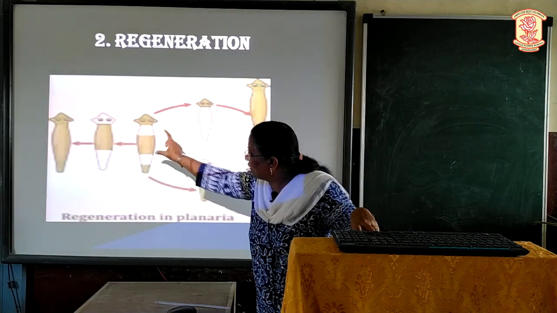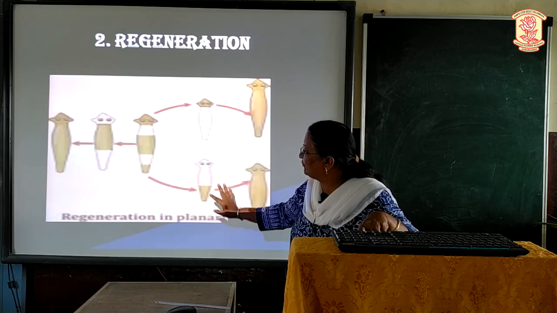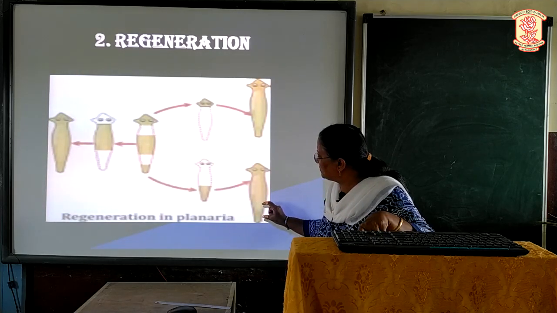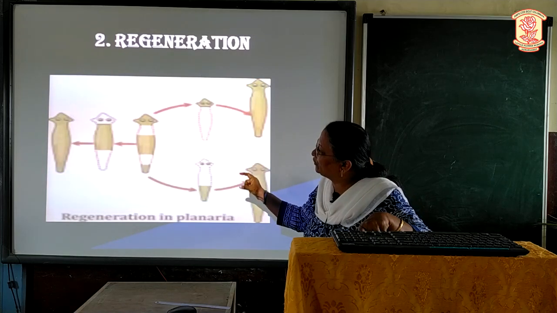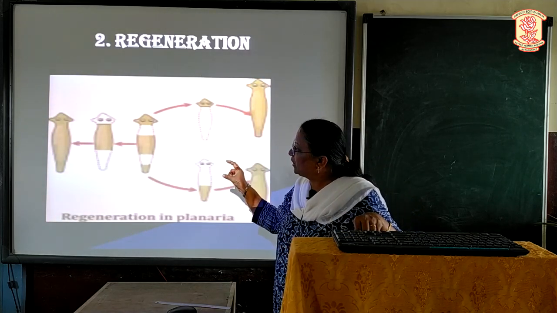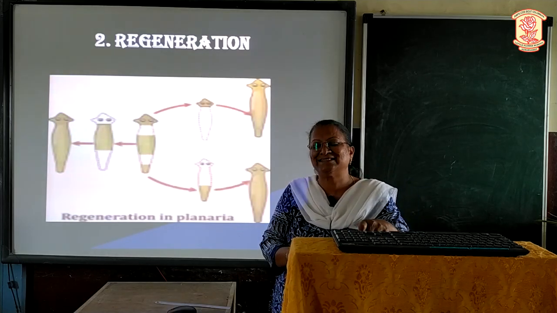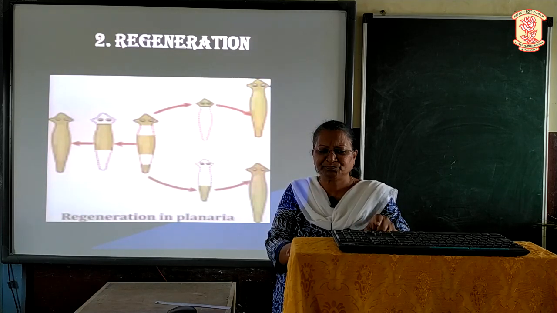The middle thorax portion also redevelops the head portion and the tail portion, and if the tail part is there, that develops the head portion and the thorax portion. So the lost parts of the original parent body are reproduced, and that's how a new individual is produced by the process of regeneration.